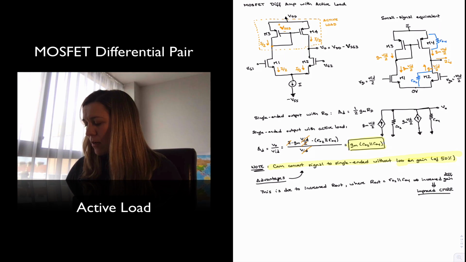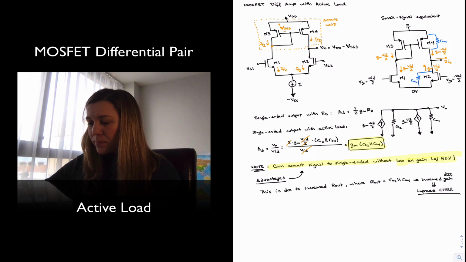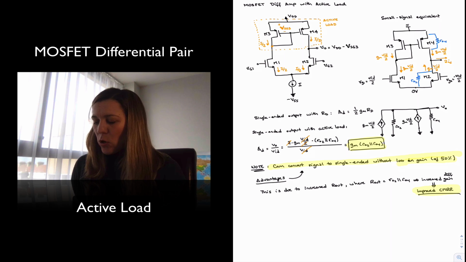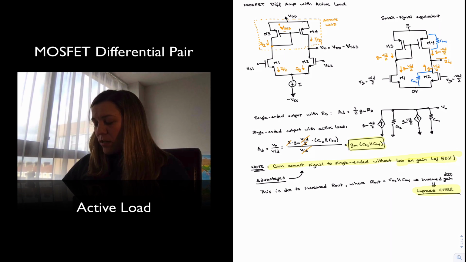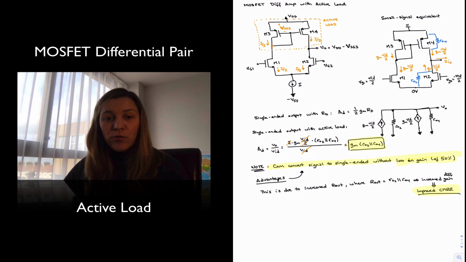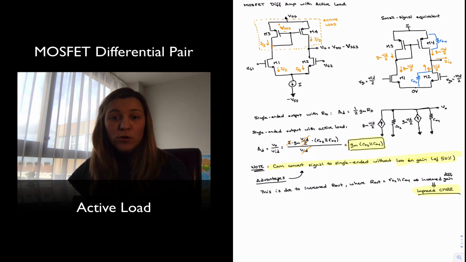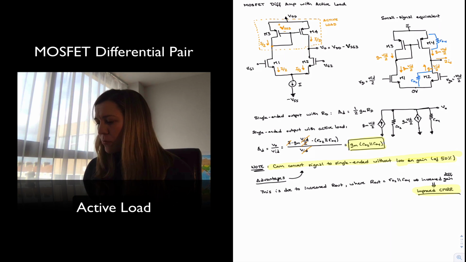So in essence, a lot of improvement in performance by using the active load. Now, obviously, if we were able to keep increasing Rout, right now we are limited, our Rout resistance is little RO2 in parallel with little RO4. If we keep increasing our Rout, our performance is going to get even better in terms of gain, which tends to be a concern with MOSFET transistors. They tend to have GMs or transconductance parameters that are inherently lower than BJT transistors.